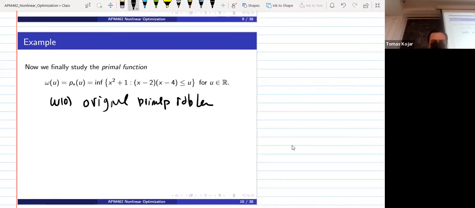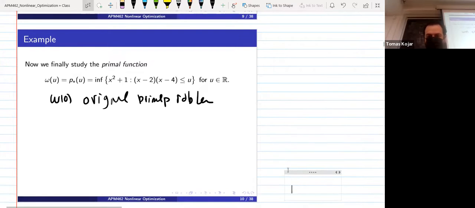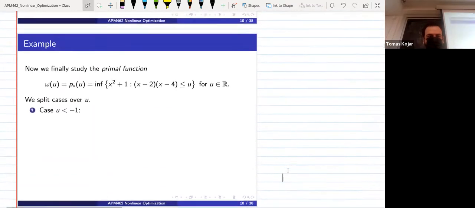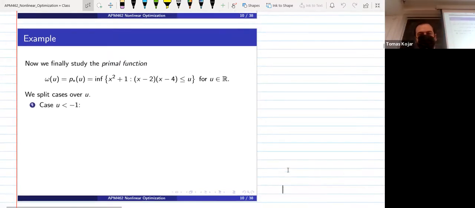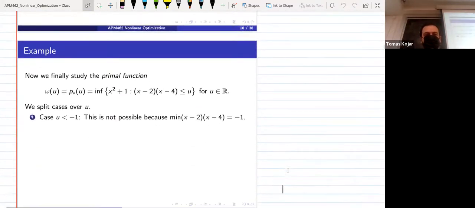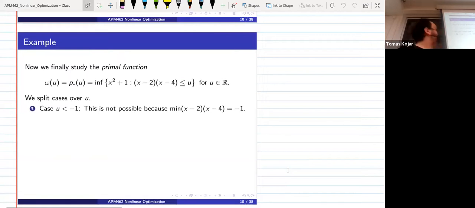I'm going to plot this for you. Try to understand what's happening, because this is a nice question to have. So I'm trying to compute this perturbation function for general u, all right? So I have to split cases. You'll see why in a second.